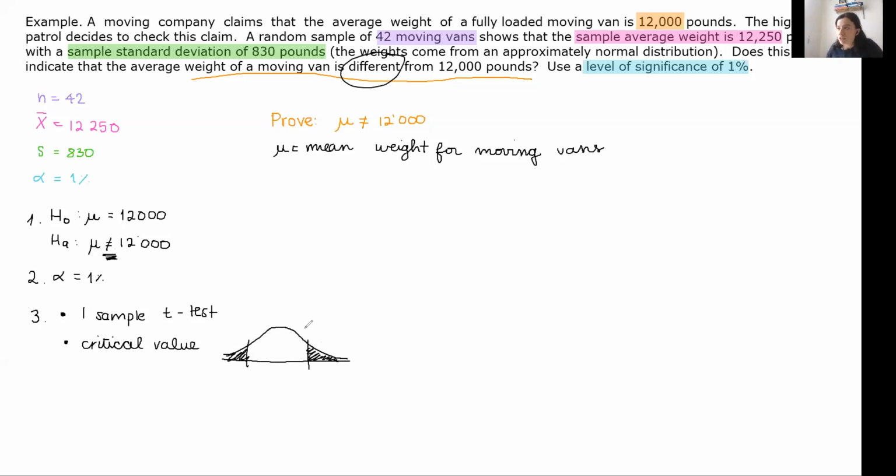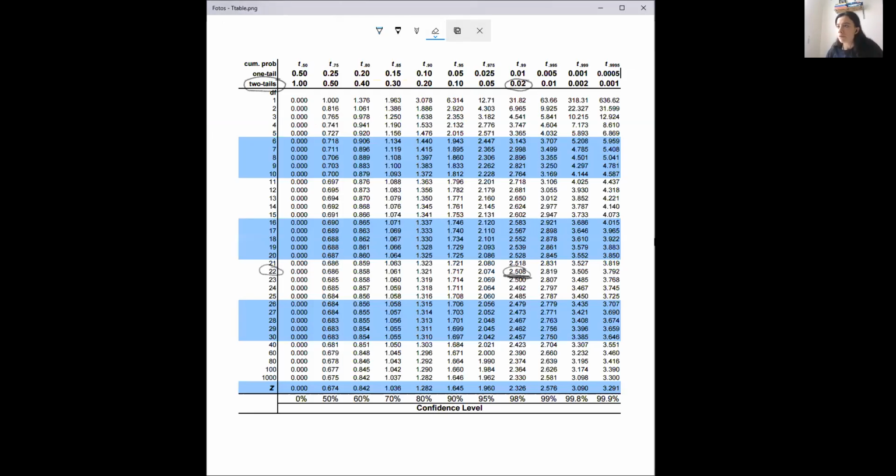Now, because this is the case that I'm considering, I'm going to go to this case. And what I'm going to do is a two-tailed test with a level of significance that I knew to be 0.01.